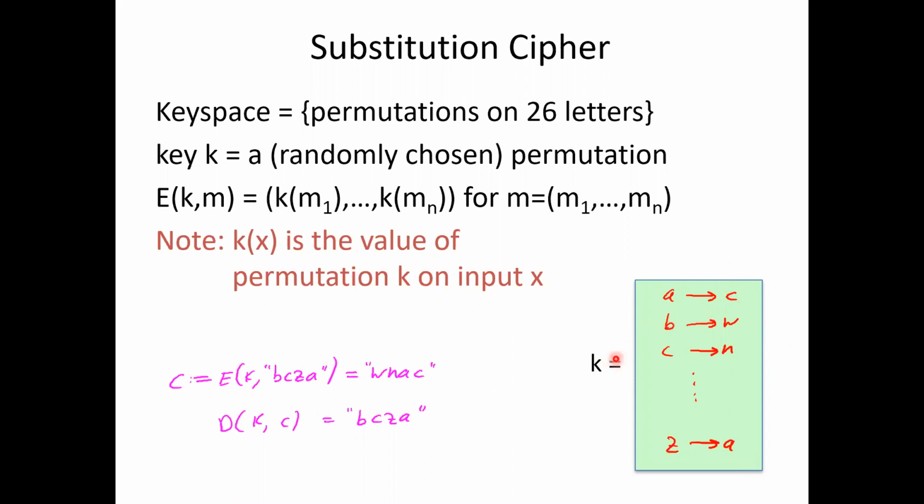And the key is just this permutation. So it's a lookup table. It's not very large. You just have to write out 26 letters in some arbitrary order, and that's your key. So it's not a large key. Alice and Bob can create it and share it.